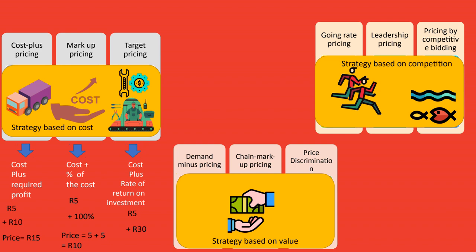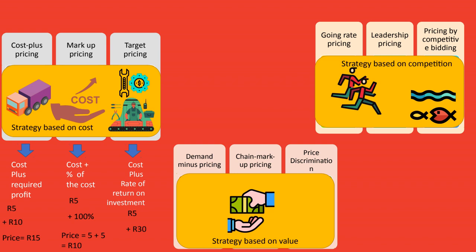It's also taking a different or similar product and changing the price according to demand. So to give you an example, you can go to Mauritius in July cheaper than you can go to Mauritius in December. Why? Because of supply and demand, and the price changes according to that. So that is an example of price discrimination. And then our third lot of pricing strategies that companies use is what is called competitive pricing.